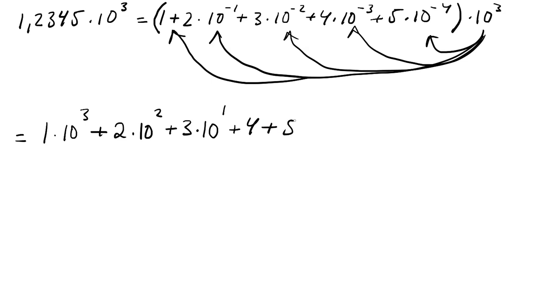And then we have 5 times 10 to the minus 1. But now we see there's a shorthand for this, since we can write this as a decimal. This is just written in base 10. So this is 1, 2, 3, 4, and then we come to the decimals, 0.5.